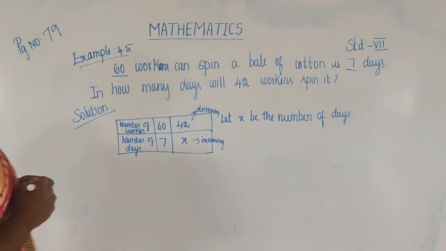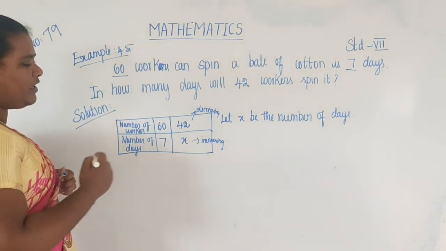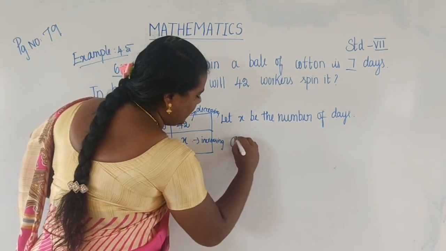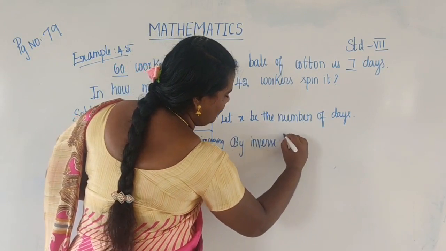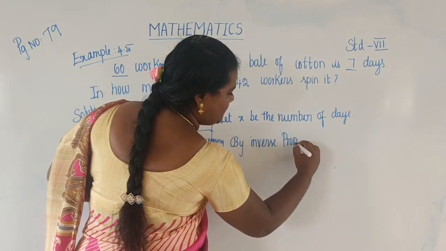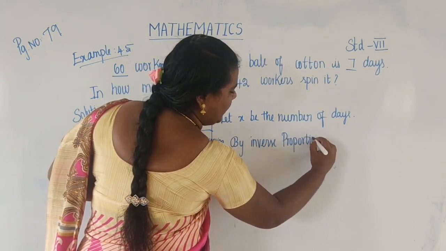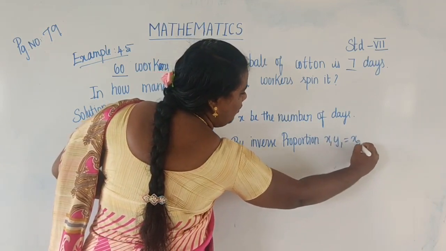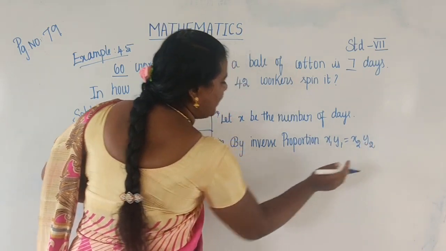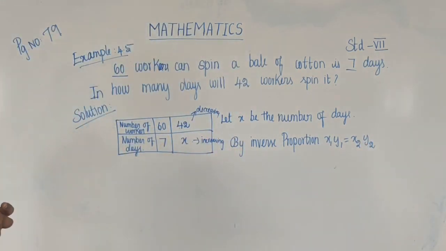By the inverse proportion formula, students, say the formula: x1 y1 equal to x2 y2.